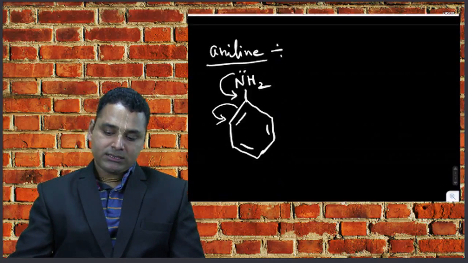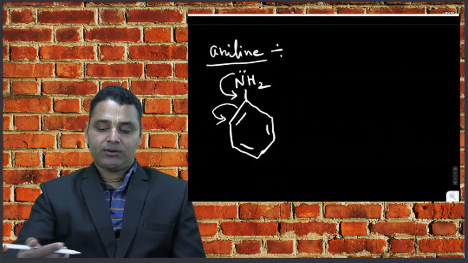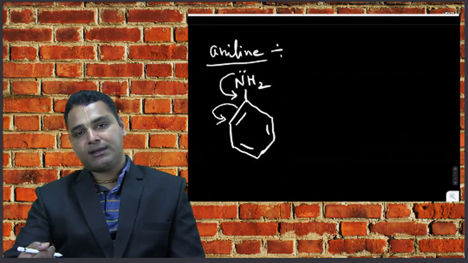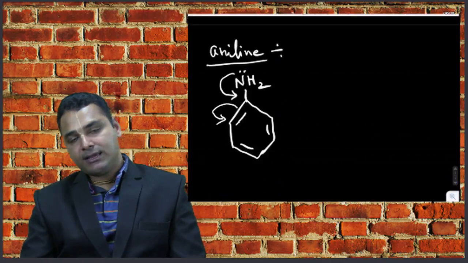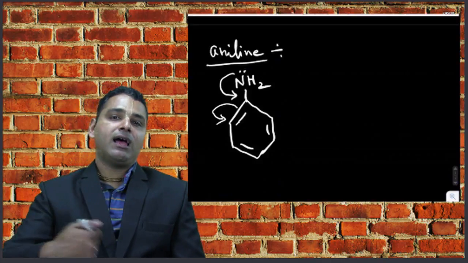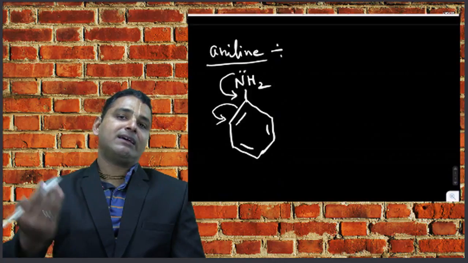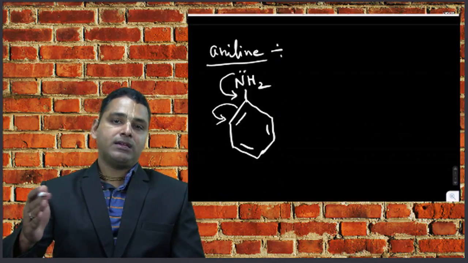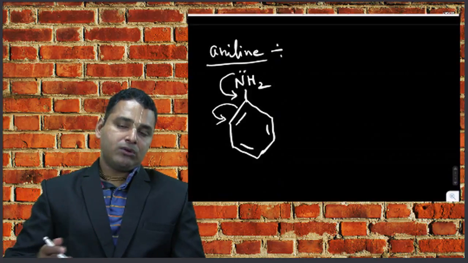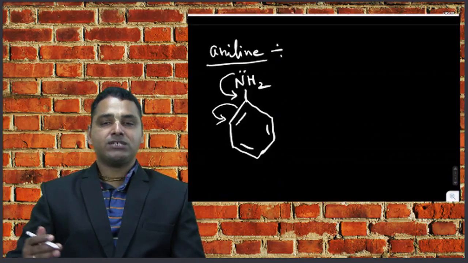To get stable, the double bond breaks and the electrons shift further and further. This shifting throughout the chain is called the resonance effect.